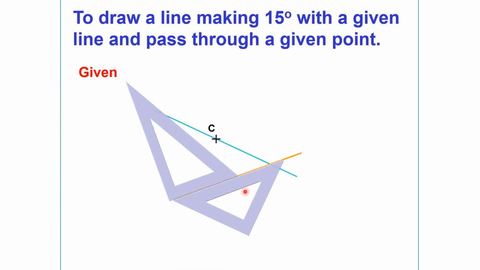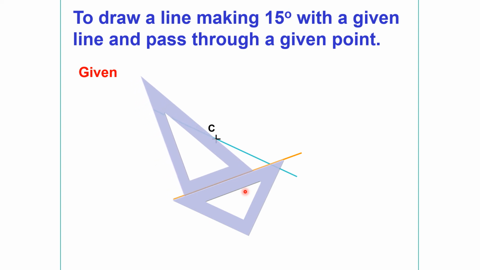Now just place here. That is a 15 degree line. Previously we made the platform for 45 degree, then placing the 30 degree, we are subtracting 30 from 45, then the remaining line is the 15 degree line.